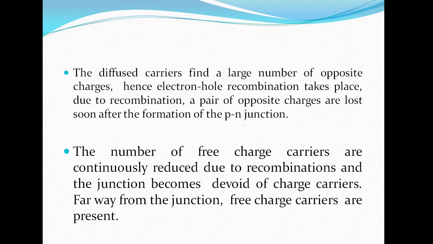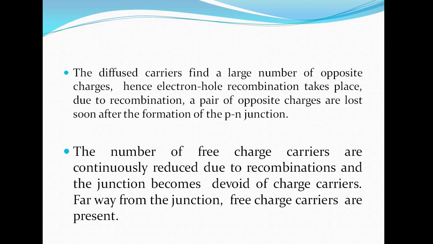The diffusing carriers find a large number of opposite charges, hence electron-hole recombination takes place. Due to recombination, a pair of opposite charges are lost soon after the formation of the p-n junction. Thus, the number of free charge carriers is continuously reduced due to recombination, and the junction becomes devoid of charges.